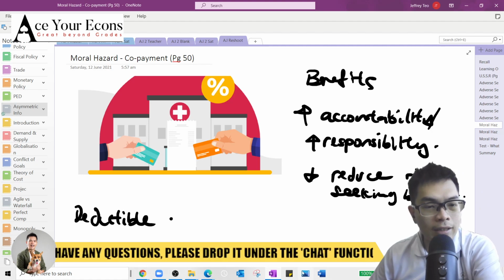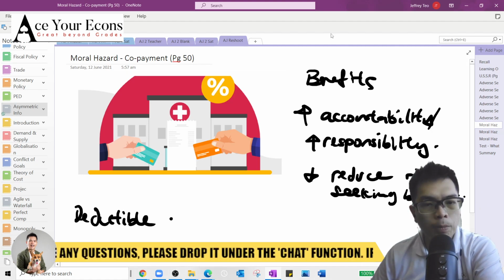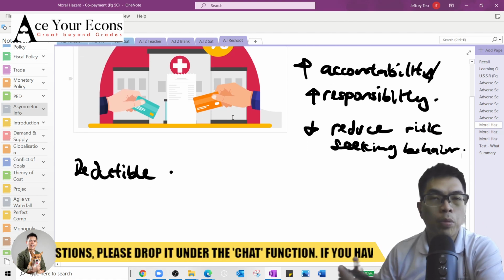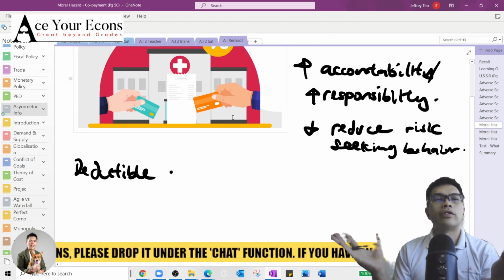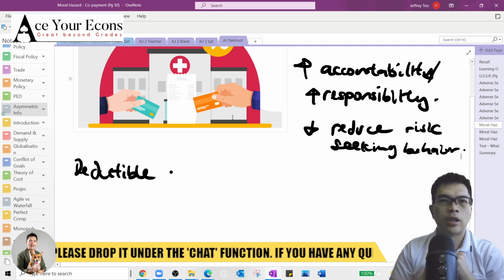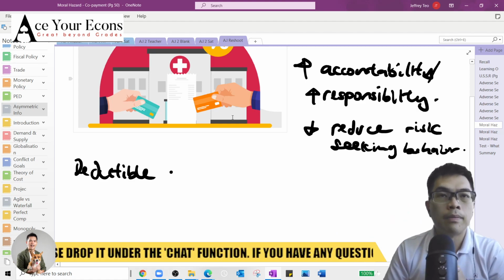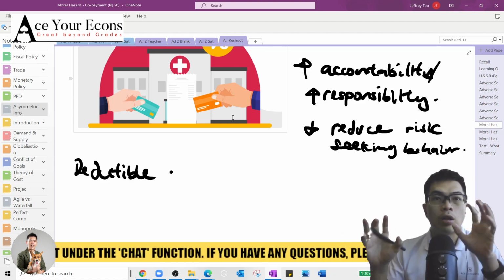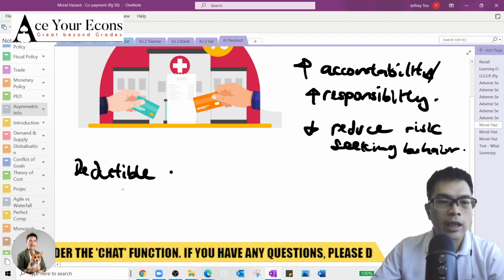So deductible is a little bit related to co-payment. Co-payment is strictly on a proportion basis. If we have an insurance bill of $10,000, the consumer will always pay 10%, and the insurer will pay 90%. It's on a ratio basis. Deductible is slightly different.